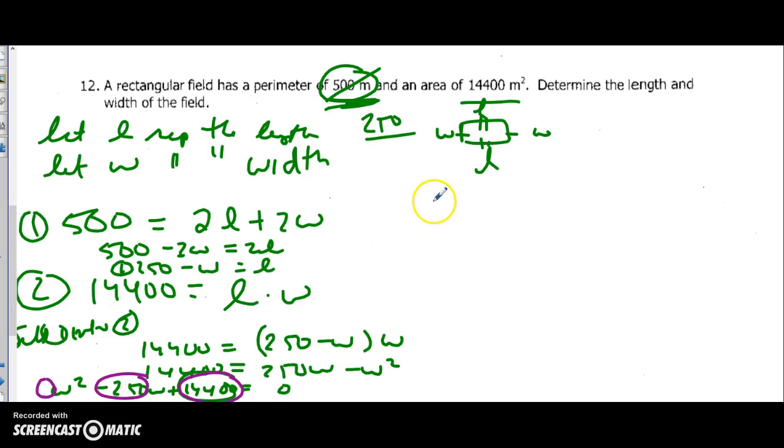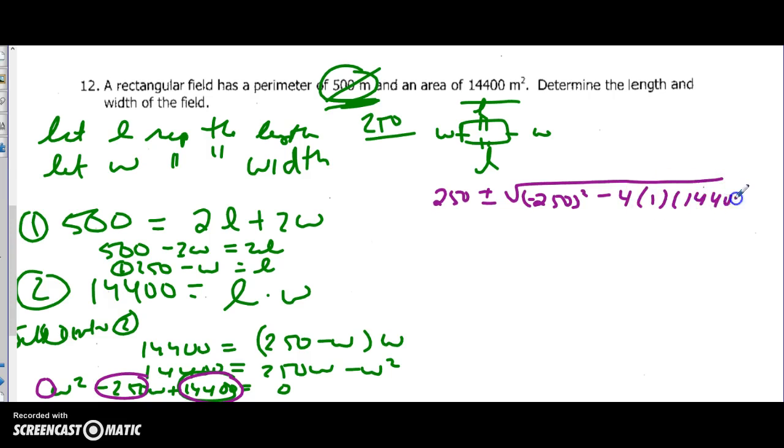So I then have minus b, which is minus minus 250, so 250, plus and minus the square root of b squared, which is that minus 250 squared, minus 4 times a, 1, times c, 14,400, all over 2 times 1, or just 2.